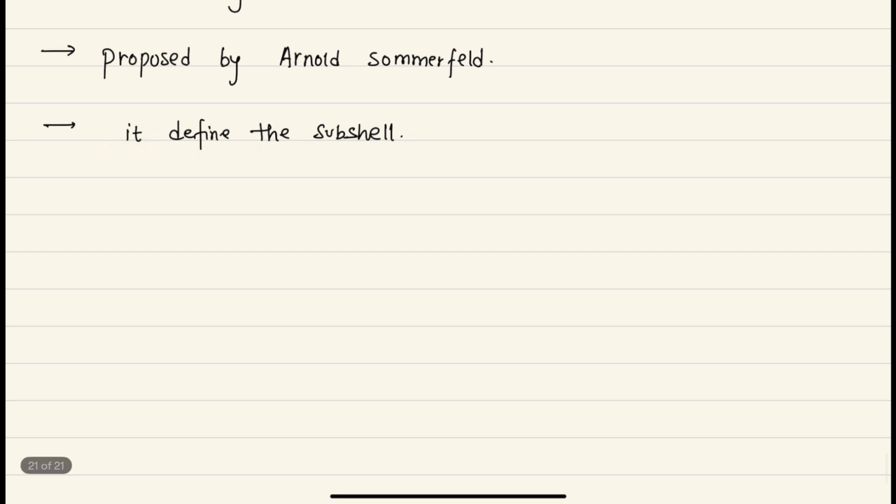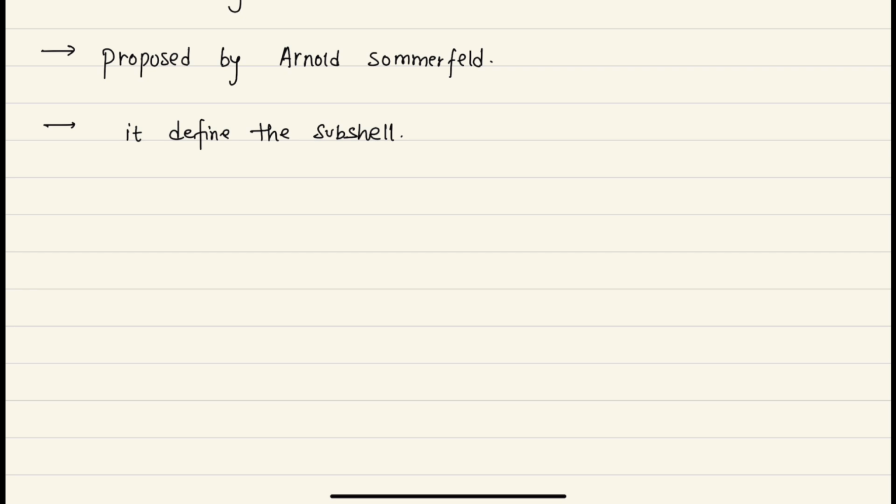Now, how to find the L value? The L value belongs only to integer values from 0 to n minus 1.